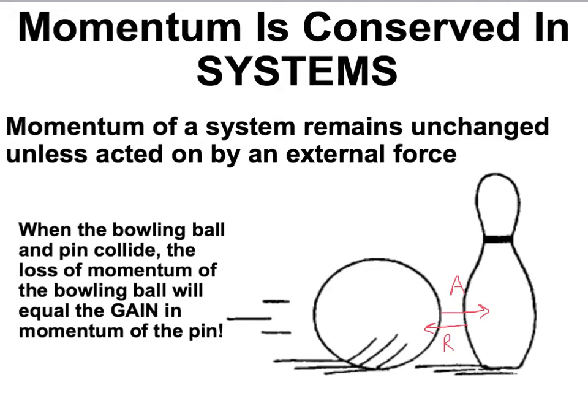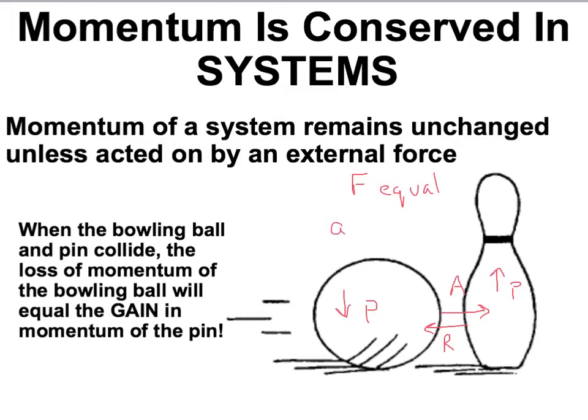So what happens is when the bowling ball and the bowling pin collide, the bowling ball is going to lose momentum, and the bowling pin is going to increase momentum. But the amount of loss of momentum by the bowling ball is going to be equal and opposite to the amount of momentum gained by the bowling pin. Now remember, the force is going to be equal, according to Newton's third law of action and reaction.